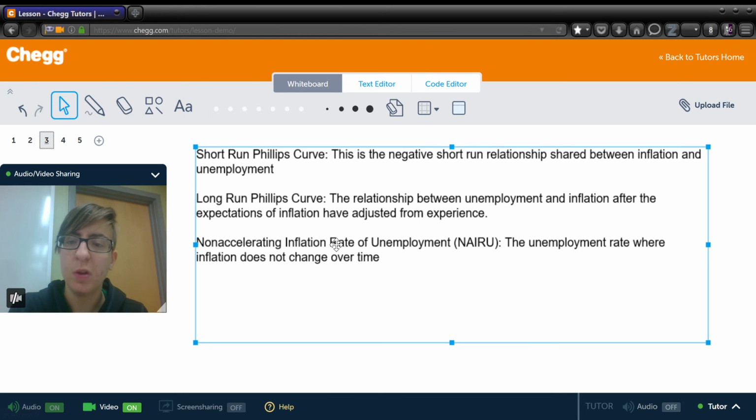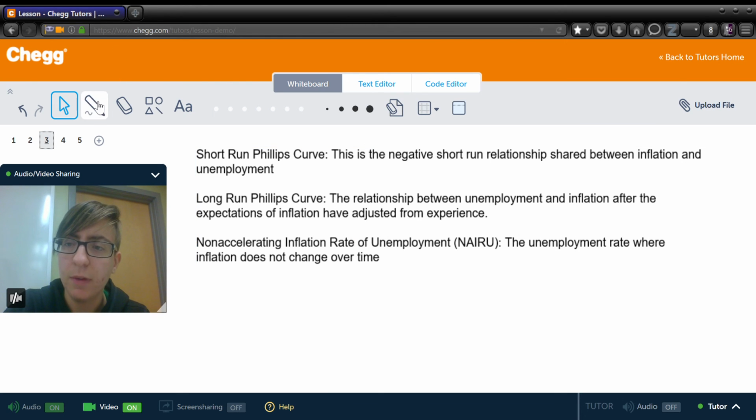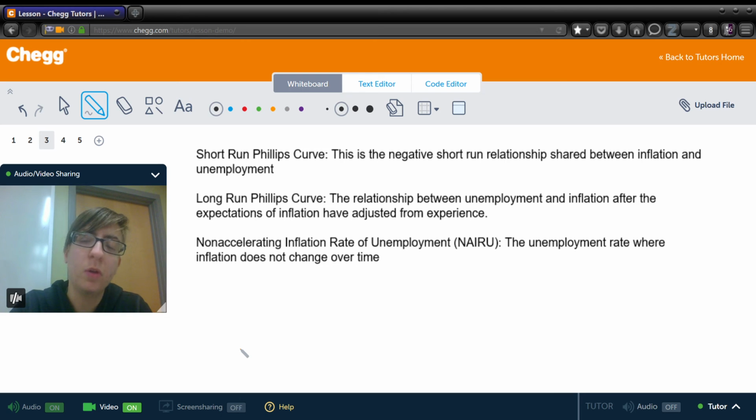So what's the long run Phillips curve now? It's the relationship between unemployment and inflation after the expectations of inflation have adjusted from experience. And something I am going to mention in conjunction with the long-run Phillips curve is the non-accelerating inflation rate of unemployment, often shortened to NAIRU, N-A-I-R-U.